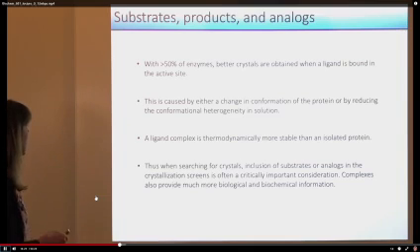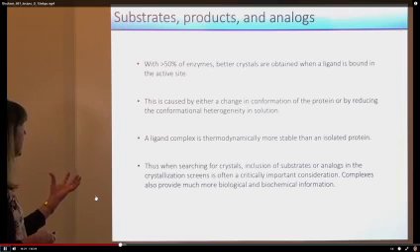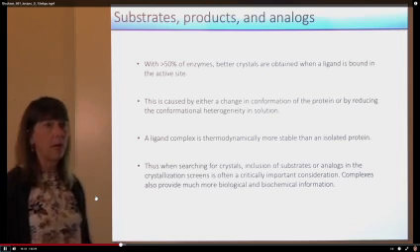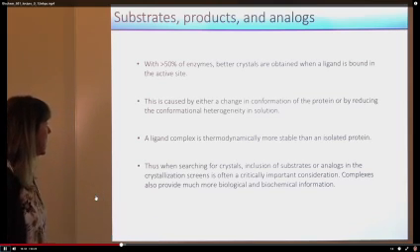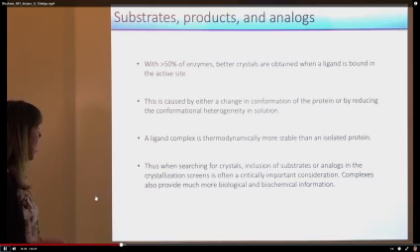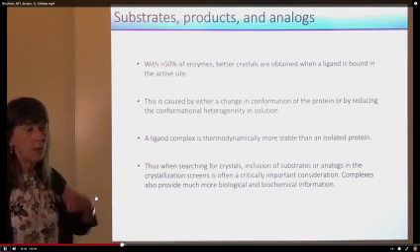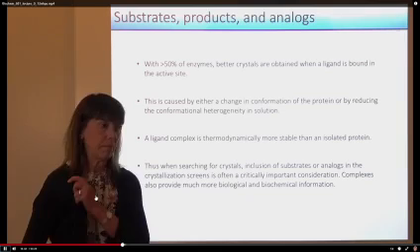Now, as I mentioned, substrates, products and analogs: with more than 50% of enzymes, we find that you get better crystals if you have some ligand bound, as I told you for UDP-galactose 4-epimerase. And that's basically what we need to talk about in this slide here. But this is important. If you solve the structure of an enzyme, that's great.